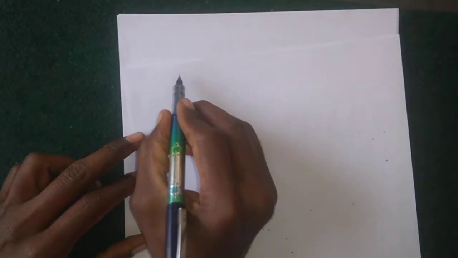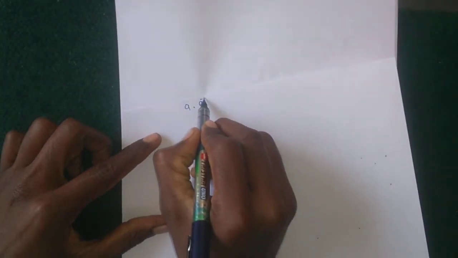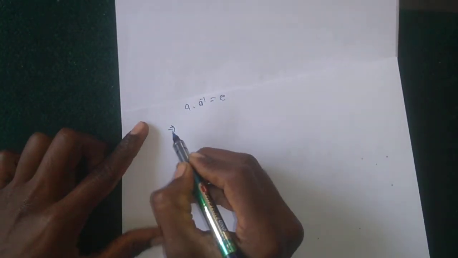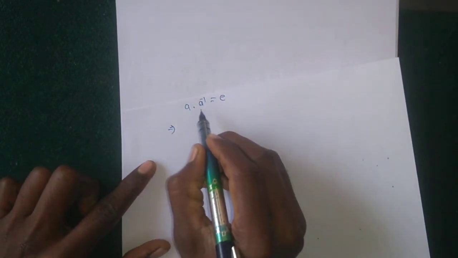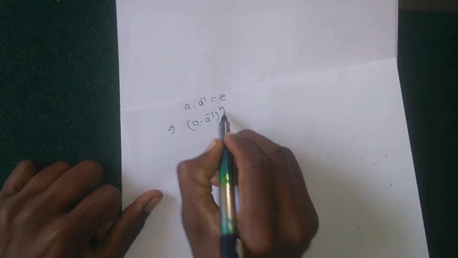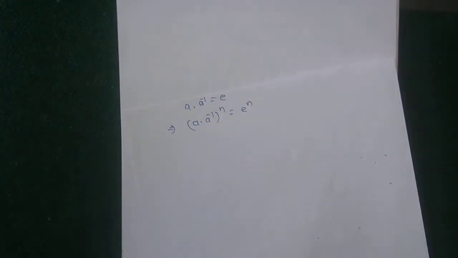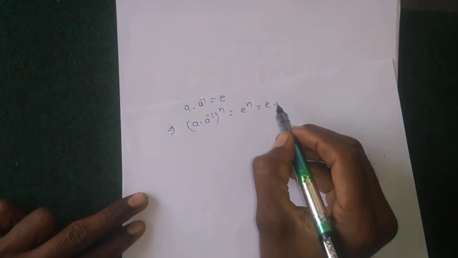Now, A into A inverse equals identity, which implies that powering n, (A into A inverse) raised to n equals E raised to n, but identity raised to n equals identity also.